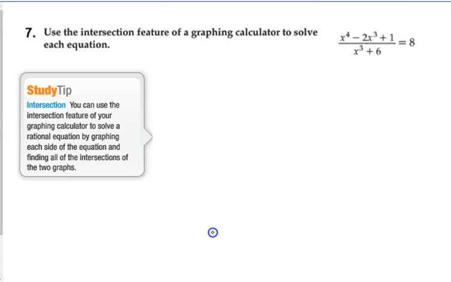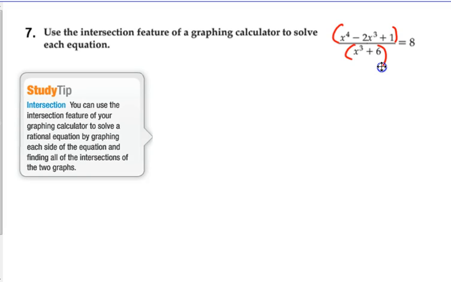All right, and this is the same question. I'm not going to take time to do too much with this. When you type it in your calculator, you're going to graph this and see where it equals 8, and there's no restriction on whether it could be negative this time.